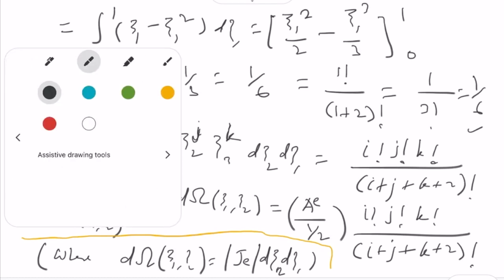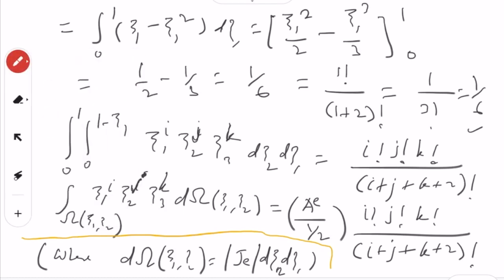Here this should not be xi 1 xi 2, because this itself is d omega xi 1 xi 2, as per the definition that we have followed earlier. So here this one is x and y only.